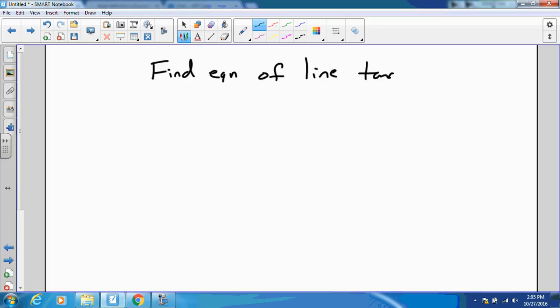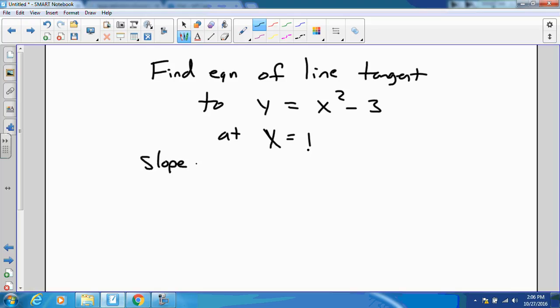For example, find the equation of the line tangent to y equals x squared minus 3 at x equals 1. Something like this. And so all of you are comfortable with doing this, but I want to remind you of the format because a couple of students, and I don't remember if it was in this class or the other class, are getting confused about the difference between the derivative at x and the derivative at the point c.